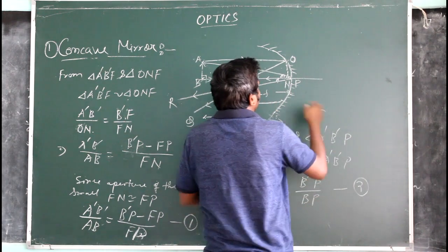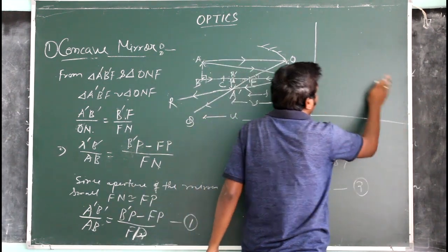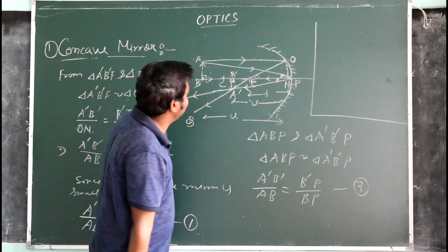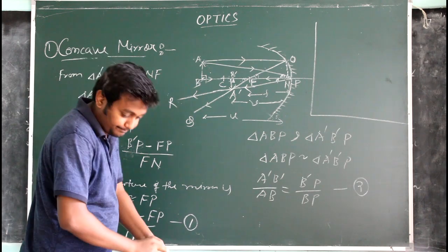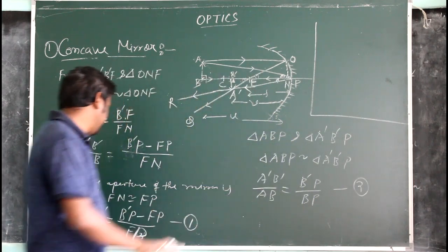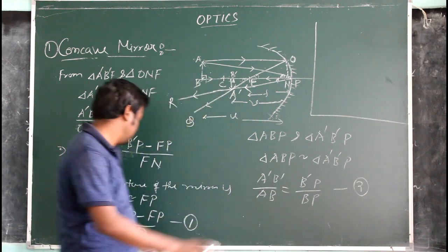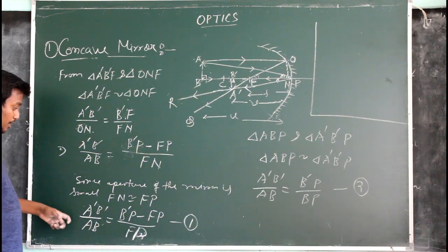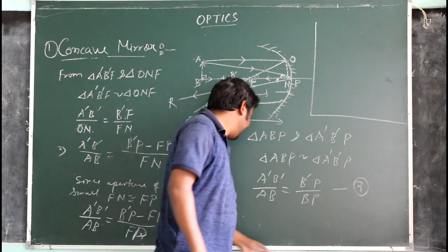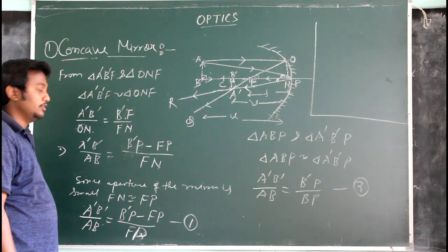Now we use the sign convention, which I have already discussed in my previous class. But before that, first compare equations 1 and 2. The left hand side of both equations is equal, so the right hand side is also equal.